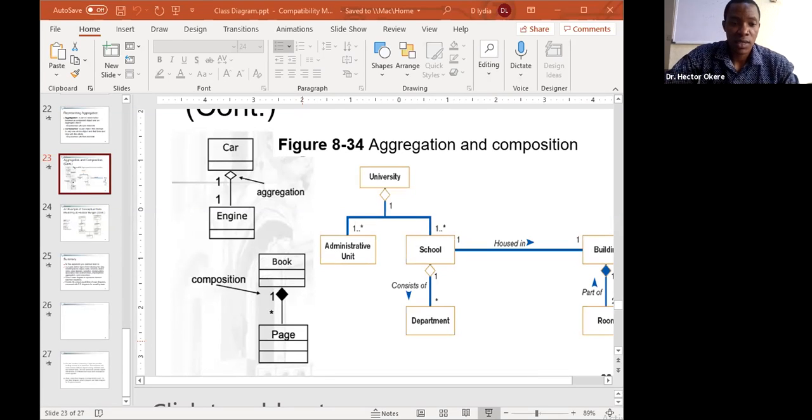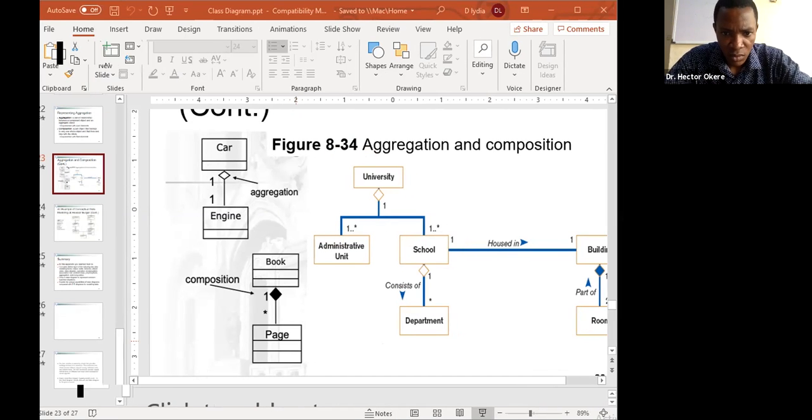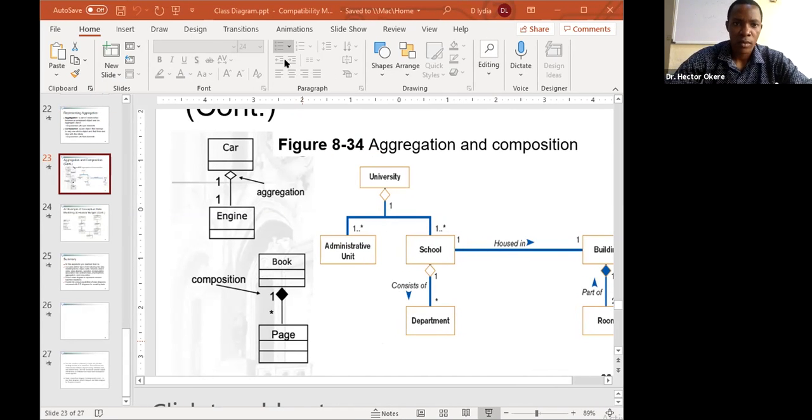Okay, guys, look at my diagram. Quickly, let's use the last 2 minutes. So if you see there, a university has different classroom, office, department, easy.